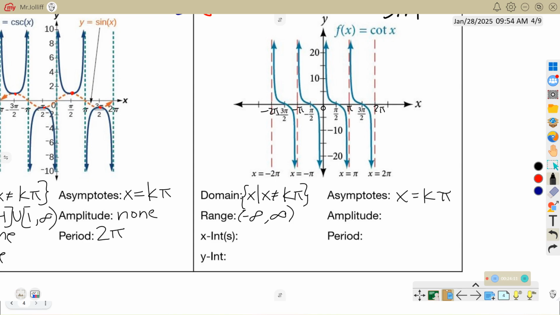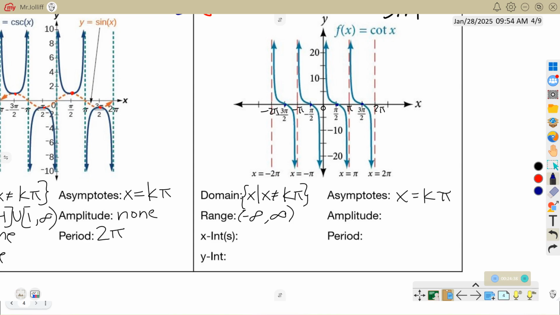And if my range goes all the way from negative to positive, at some point between those, it has to cross the x-axis. So where are those intercepts occurring? Where are those zeros happening? What do we notice about those zeros? They're pi apart. What else? They're occurring at the half pi marks.